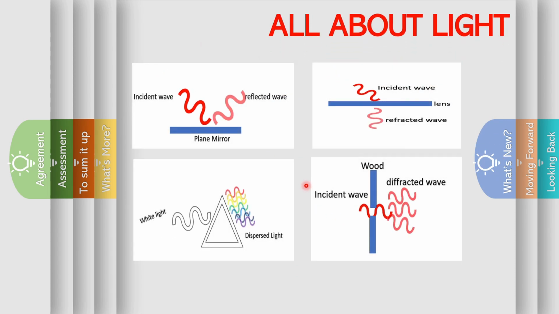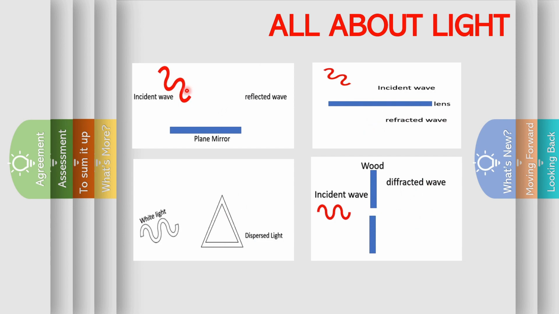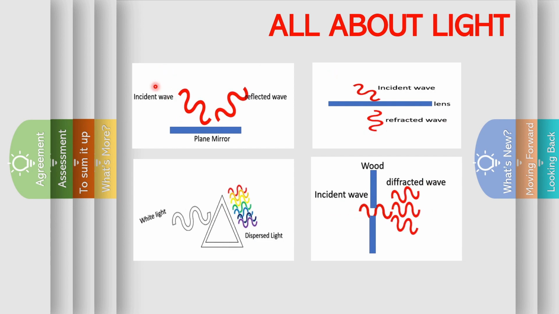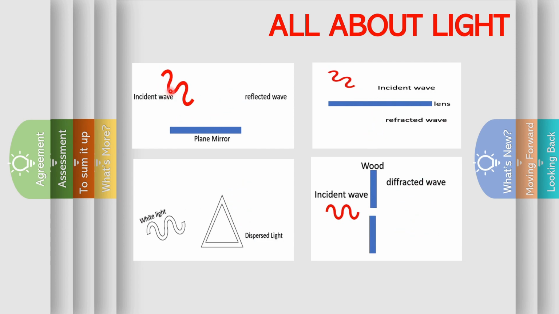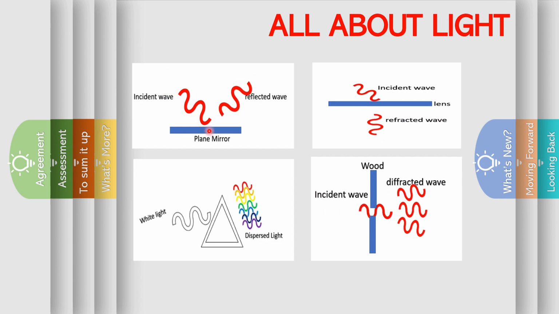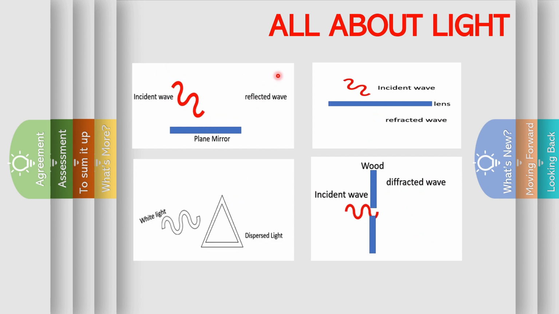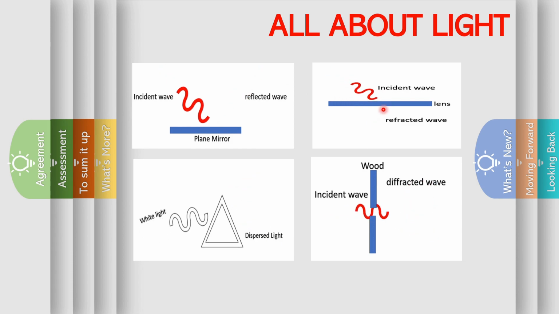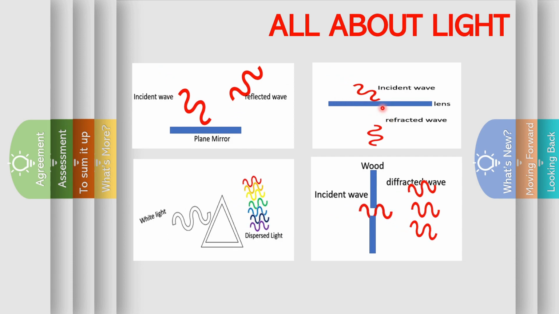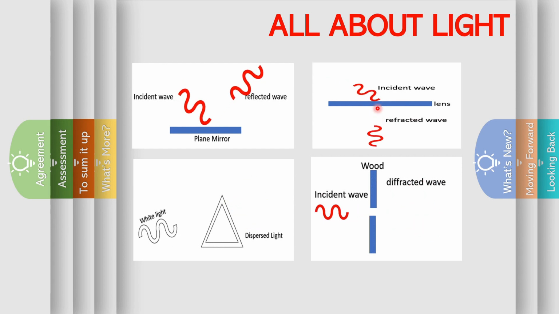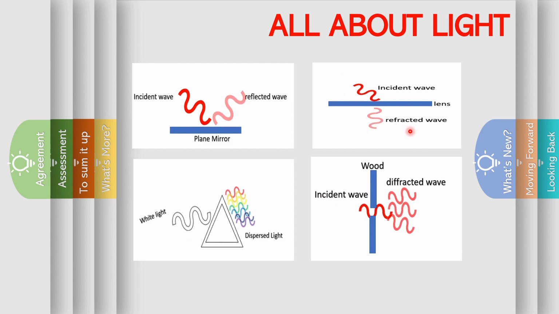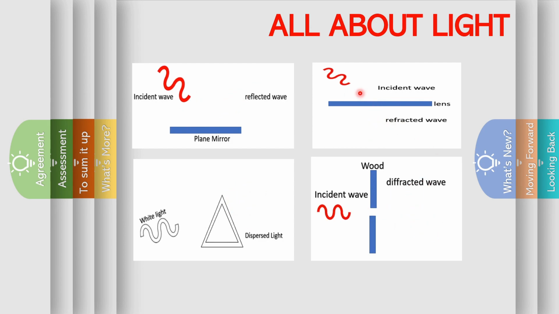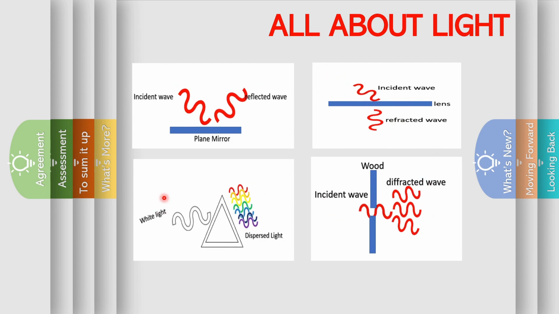Here is a better explanation. So first we have reflection. When the light passes through a mirror, it will be reflected. When a light passes to a lens, it will refract. So, mag-change siya ng direction. Instead na papass through lang siya straight, mababali siya.